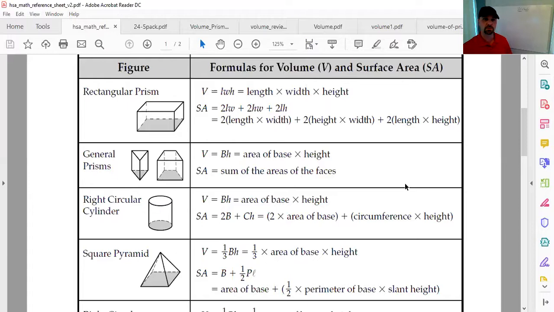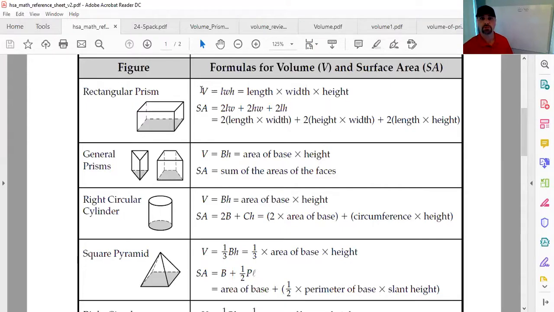So let's take a look at the first one, a rectangular prism. A rectangular prism looks like a box. It's a rectangle, and then it has depth. It goes deep, so it's like a box. Prism means three-dimensional shape, so a rectangular prism is a three-dimensional shape in the form of a rectangle.